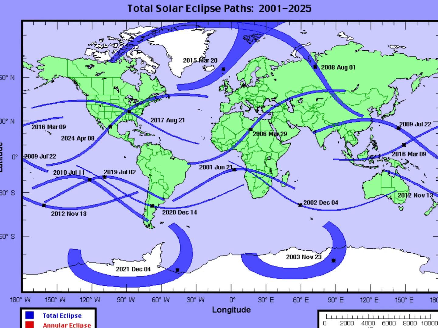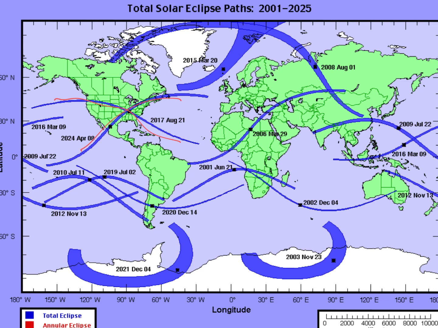This map shows all the total solar eclipses for a 25-year period. Notice how few they are and what a small part of the Earth's surface they cover. Most areas won't see a total eclipse at all in this time period. Note that the solar eclipses of 2017 and 2024 are visible to part of the United States, but only those directly on the curved paths will experience a total solar eclipse.